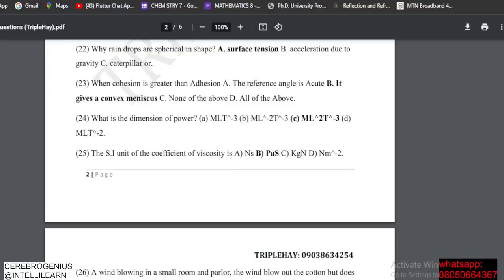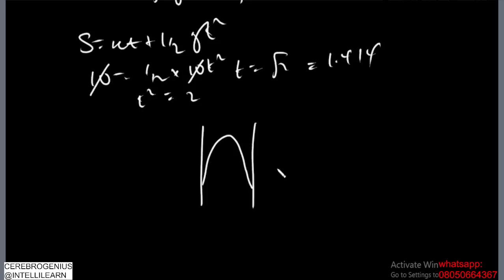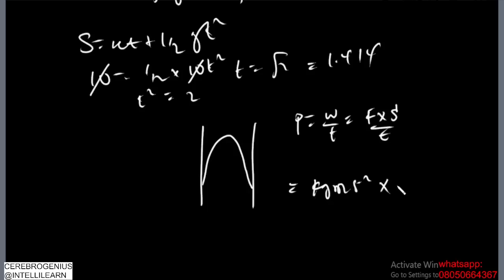What's the dimension of power? The dimension of power is work done per unit time. Work done is force times displacement, not distance, force times displacement over time. So this is kilogram meter per square second multiplied by meter divided by second.